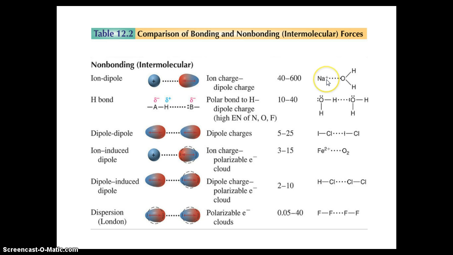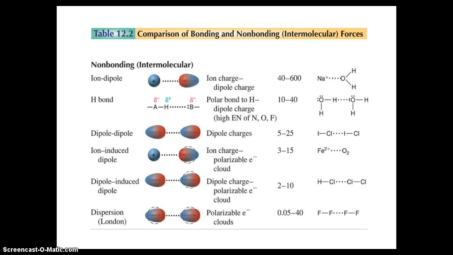So if you look over here at the example, Na plus is the ion, and H2O right here, so we have an O bonded to H, O bonded to another H. This is a dipole because it's a polar molecule. So the H's are the positive end, and the O is the negative end that's going to be attracted to the sodium ion.